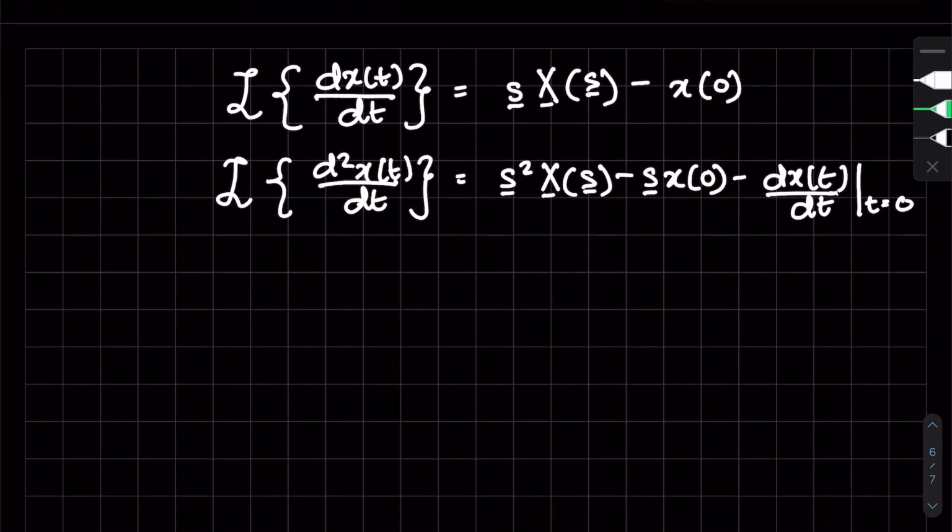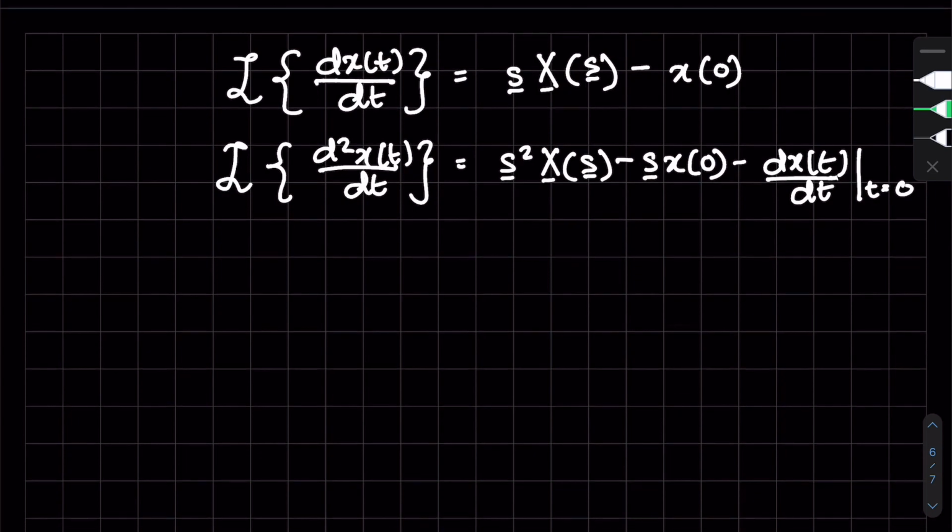You can derive this using integration by parts. I won't really do it. I think I have made a video in the past on a more general nth derivative identity. So now the issue is this, in these initial values, x of 0 and the first derivative at 0.